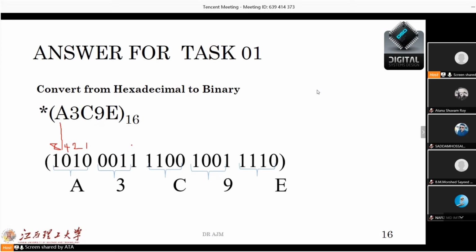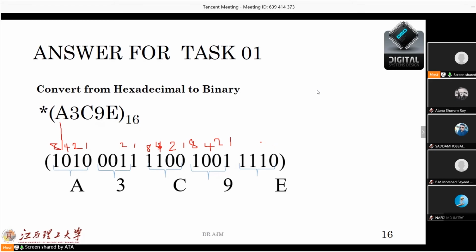Okay. Another one is 3. 3 is 1 and 2. C is 1, 2, 3, oh sorry, 1, 2, 4, and 8. 8 plus 4 is 12, which is equal to C. And 1, 2, 4, 8: 8 plus 1 is 9.